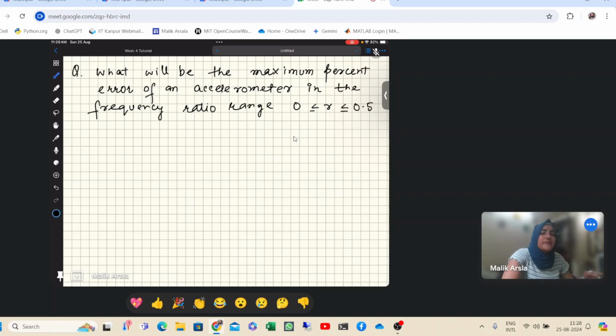Okay, we know that we operate accelerometer in this range with a damping ratio 0, with zeta equal to 0. Now it's asking about the maximum percent error.